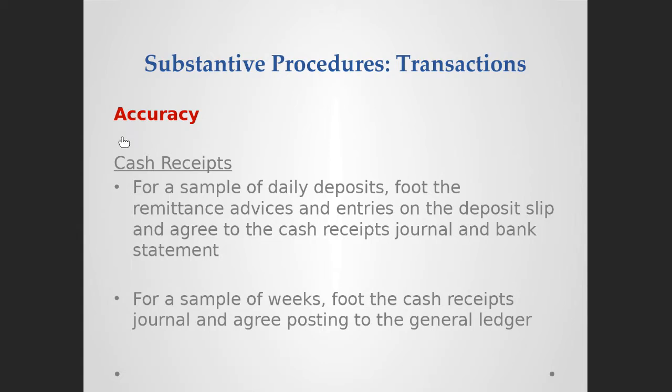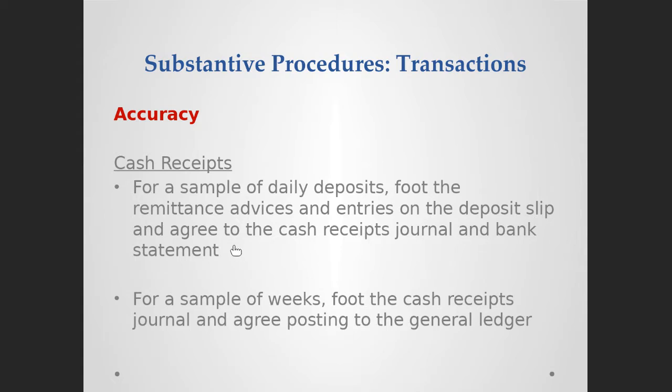So what we have to do is take a sample of daily deposits. And remember, you already looked at a sample of daily deposits. When you are doing that, you want to make sure that the amounts in the daily deposits, the amounts in the remittance advices, and the amounts in the daily deposit slips all match the cash receipts journal and the bank statement.